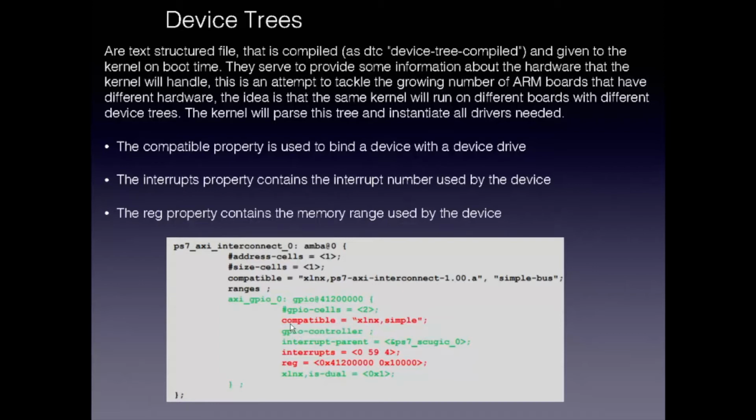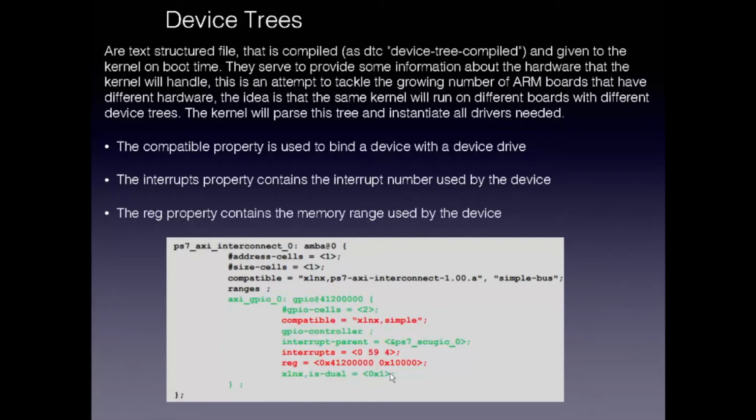Basically, the compatible field is used to indicate to the kernel which driver will handle this hardware, this device. The interrupt property contains the number of the IRQ of the interrupt, and the reg means what is the physical address and range of that hardware.